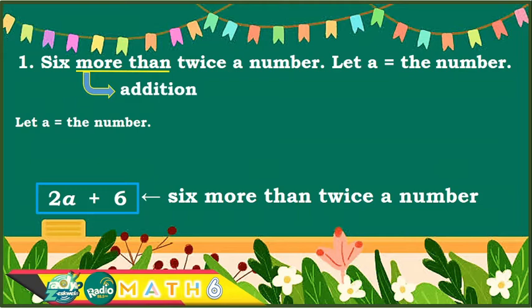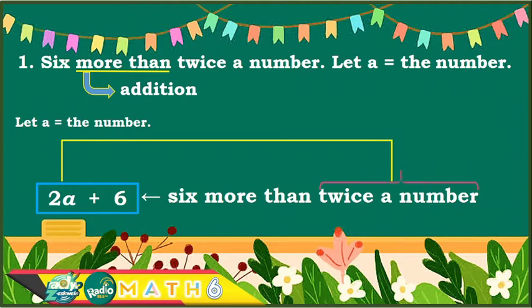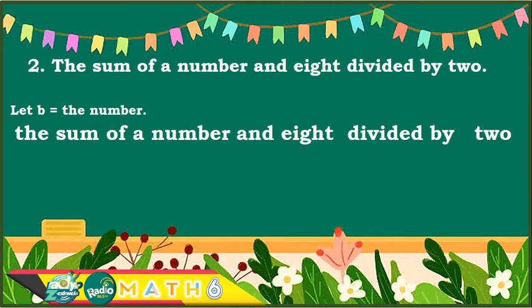To translate it, we let A represent the number. Therefore, it becomes 2A plus 6, where 2A means twice a number, the plus sign means more than, and the number 6. Now, let's proceed to item number 2.